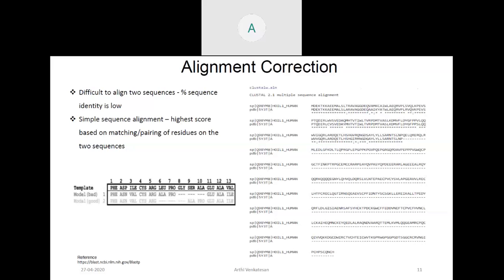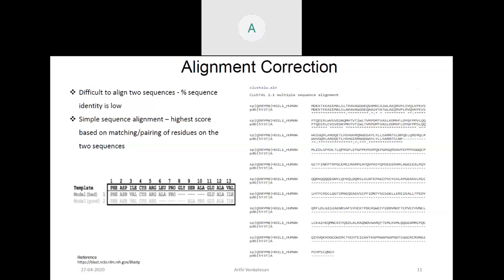Just go to ClustalW, paste your sequences and search, and you will get your alignment like this. It will automatically find the gaps, alignments and mismatches. For example, the first sequence is your human sequence, and the other one is the target.